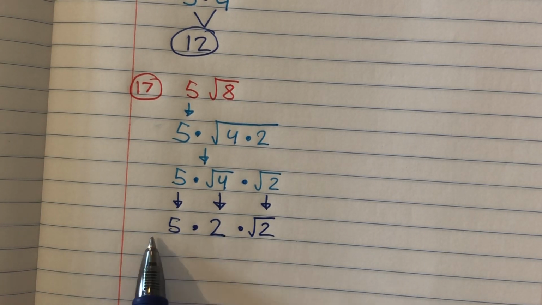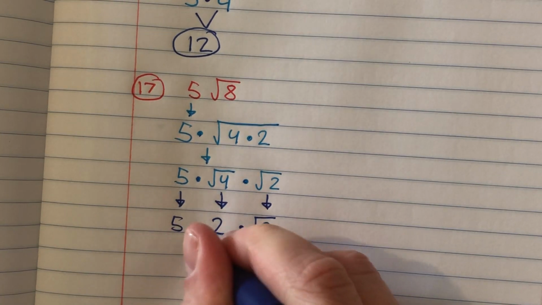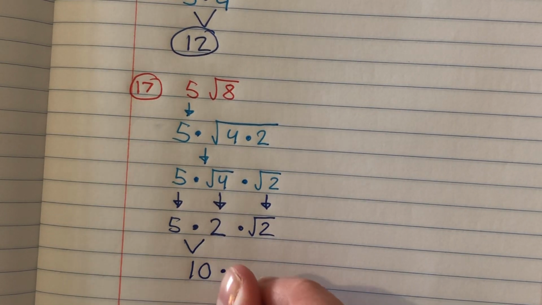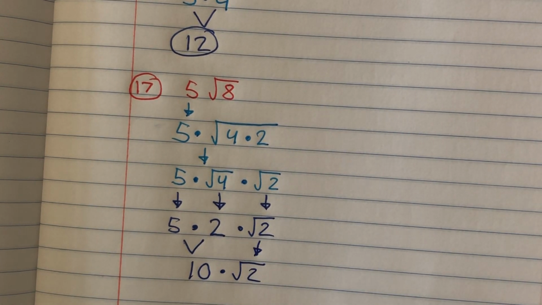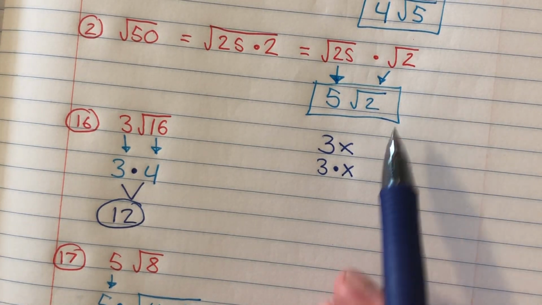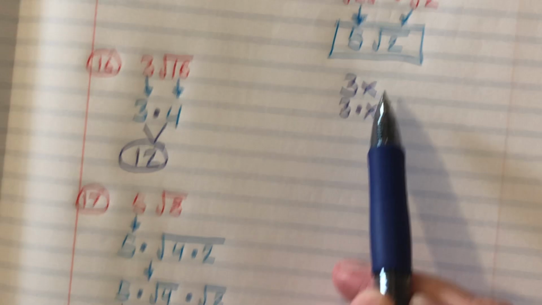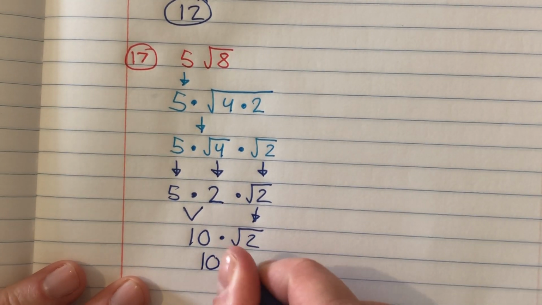Now I have two numbers that are outside the radical. I'm going to combine those. 5 times 2 is 10. So I could write it as 10 times root 2 once I bring that down. It's just a little more accurate. We don't need to include that multiplication sign. It is implied, just like it's implied when it's a number in front of a variable. So our final answer is 10 root 2.